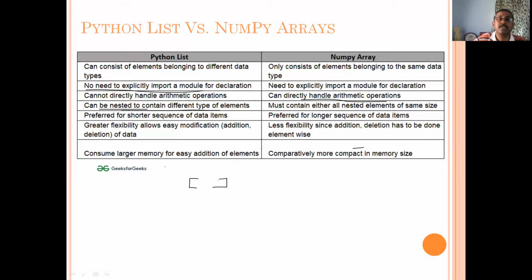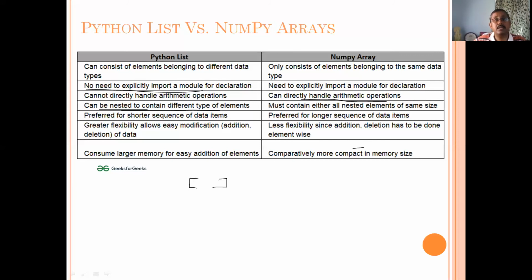In case of list, you can have a list as an element of a list, and each such list can have a different number of elements. So one nested list can have 5 elements. Another list, which is a sublist or a nested element of a list, can have 3 elements. Both of them can be an element, right? But that is not permitted in a case of a NumPy array, right? This is another big difference. In this case, list is again much more flexible.